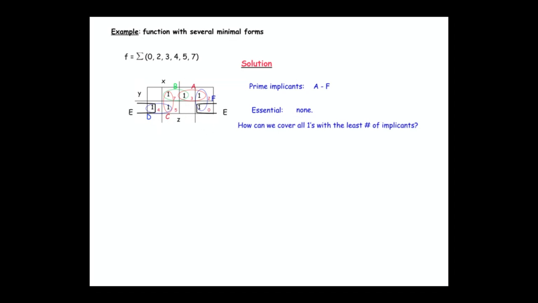Okay, so how can we cover all ones with the least number of prime implicants, right? We need the least implicants in the minimal form to cover all ones. There are 6 ones, right? So let's try to cover them with 3. Yeah. So in this case, we can cover all of the ones with just 3 prime implicants. But which ones, right? It's a toss-up. You can cover it in 2 ways.